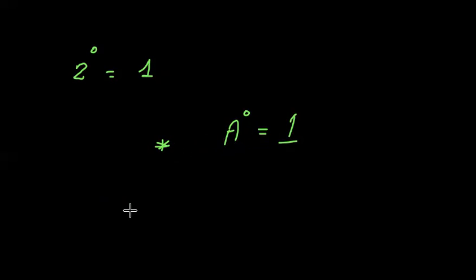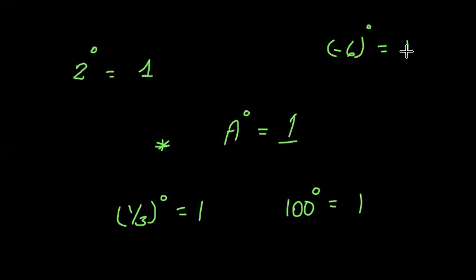If I had 1/3 raised to the 0 power, it's 1. If I had 100 raised to the 0 power, it's 1. If I had -6 raised to the 0 power, it's 1. This rule dictates that anything raised to the 0 power is equal to 1.